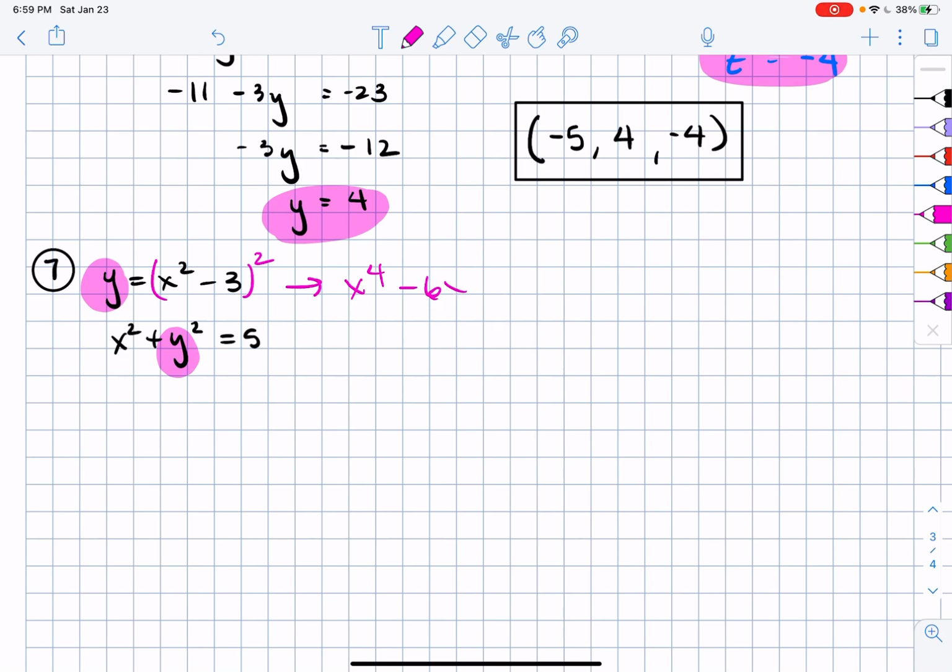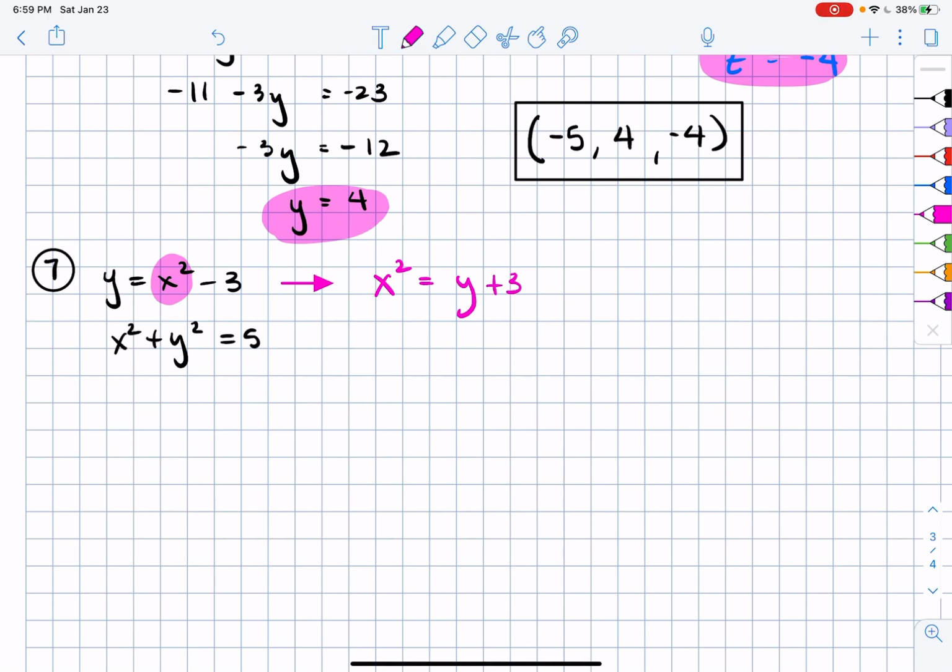You go, okay, let me go backwards in this maze, and let's do this. Instead of doing that, let's get x squared by itself. So I add the 3 over, and x squared is equal to y plus 3.